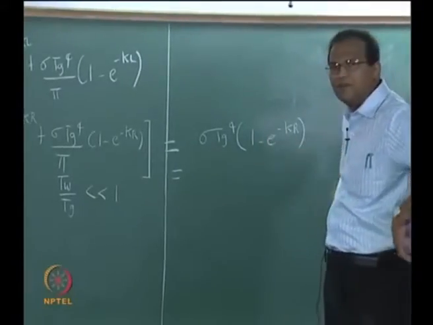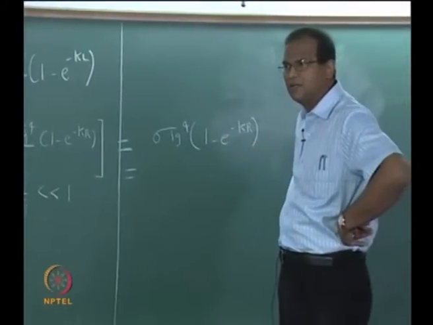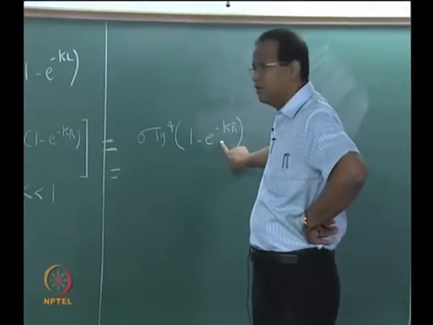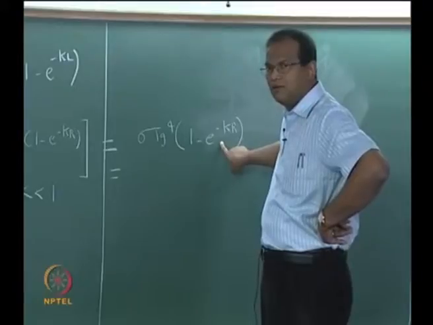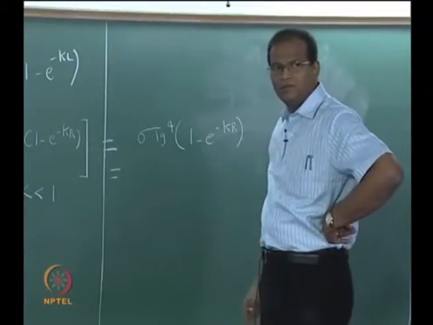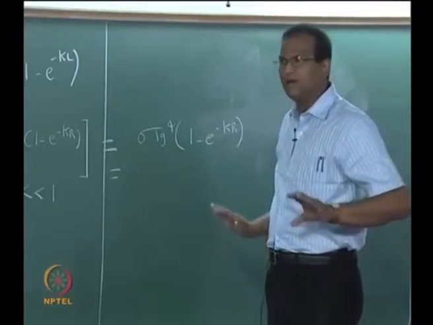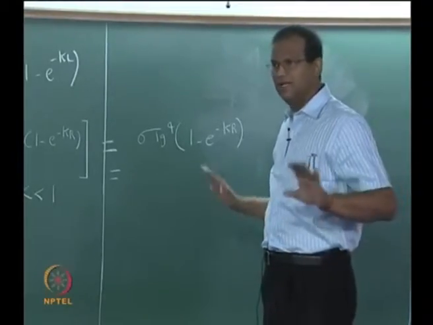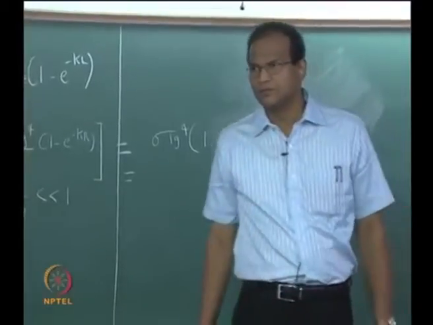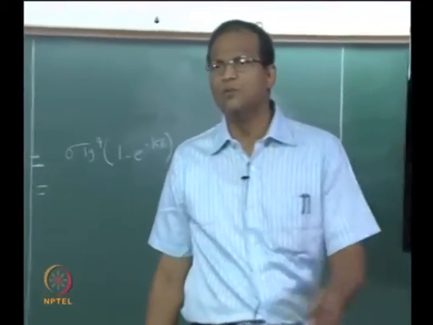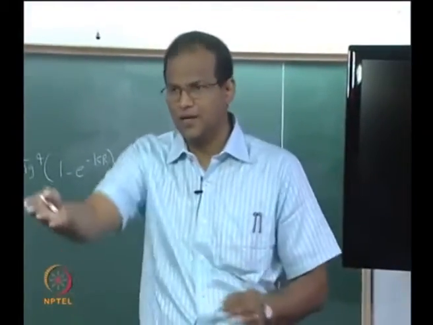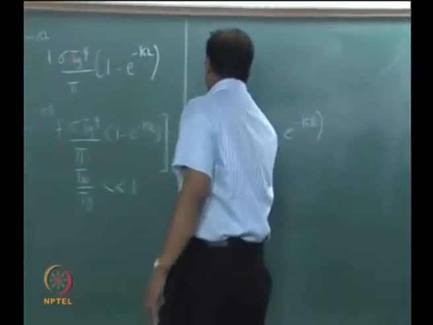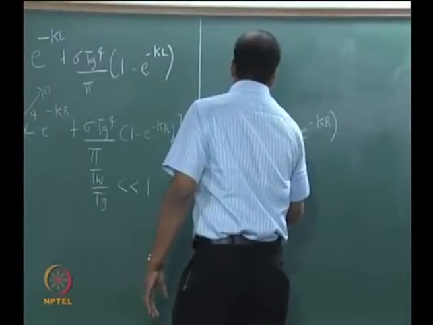Therefore 1 minus e to the power of minus kappa r can be expanded as kappa r, simply kappa r. 1 minus e to the power of minus 0.01 is just 0.01, correct. So this can be written as sigma Tg to the power of 4 into kappa r.